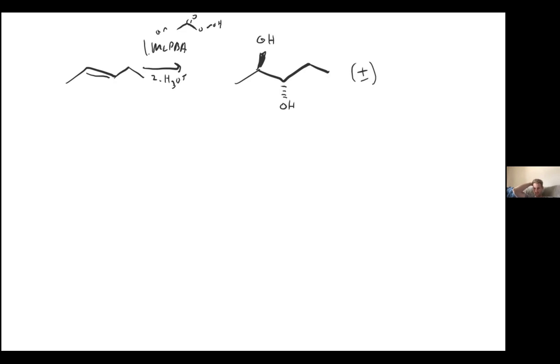Versus if we add in osmium tetraoxide. Ooh, it looks like I actually added a different reagent in this one. So this is a bit of an old worksheet. For the second to last one on the right, we're going to make that also osmium tetraoxide. So when I do this, I'll draw it up and make sure it's obvious.